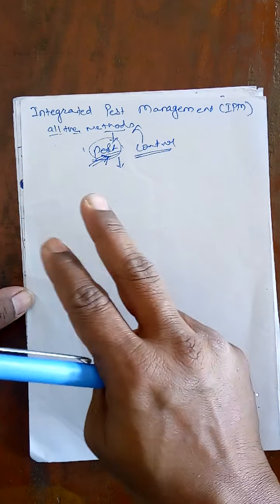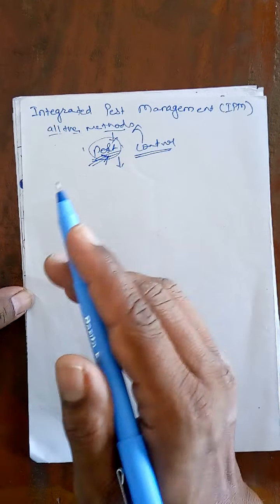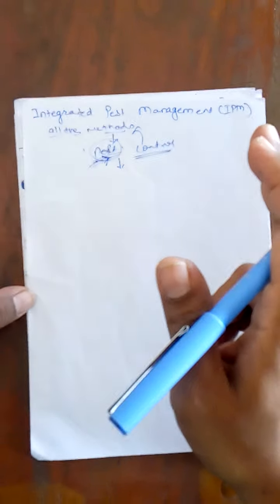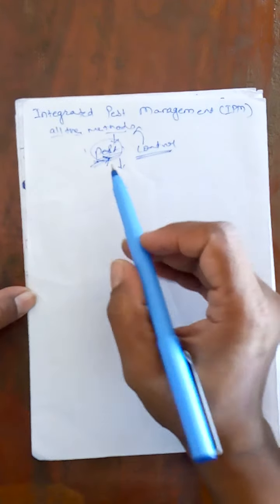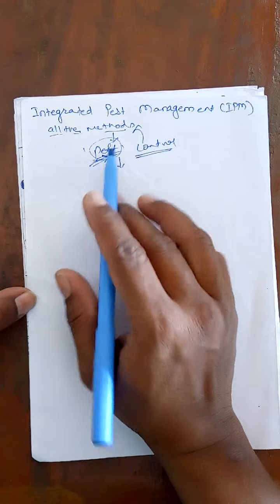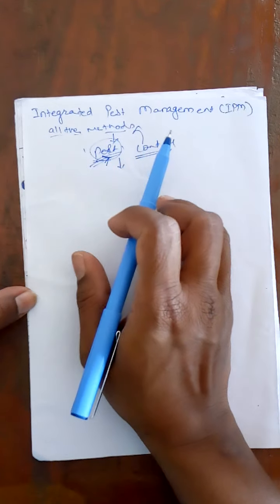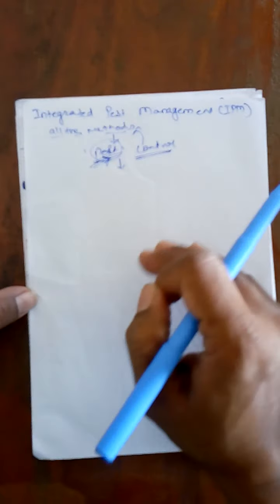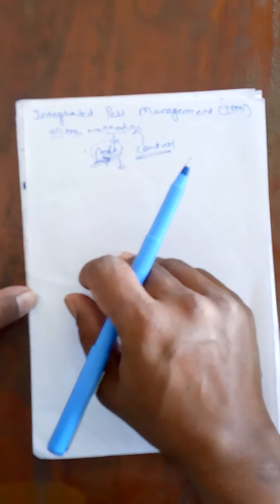So in both cases, for controlling the agricultural pest and the pests present in the forest, we can apply integrated pest management, where we make a combination of many control techniques.